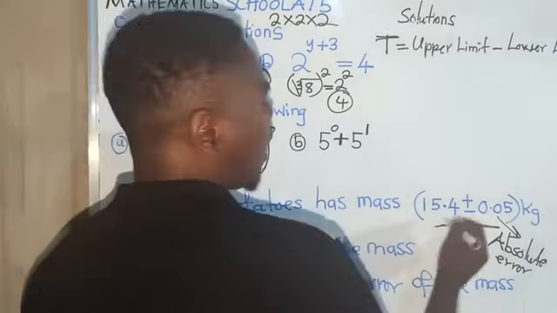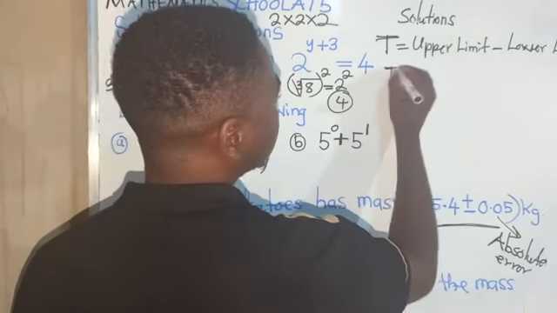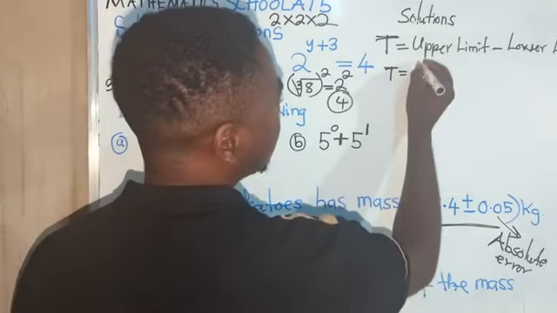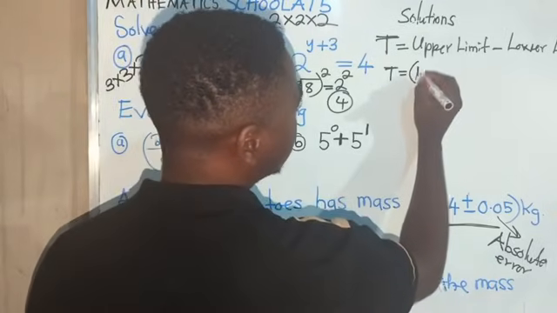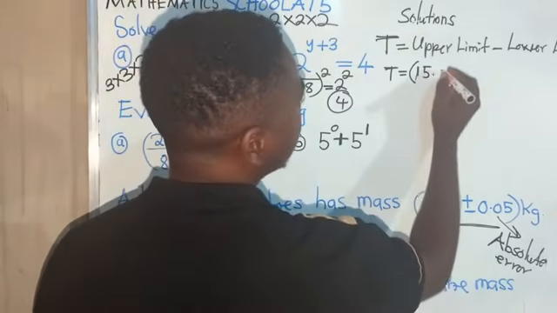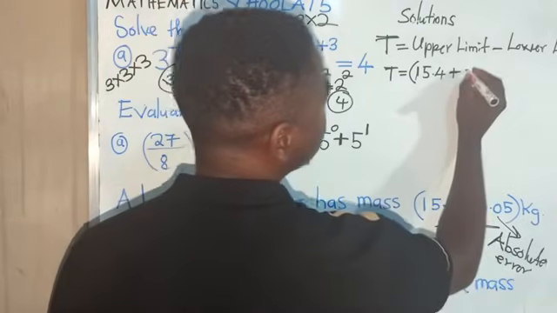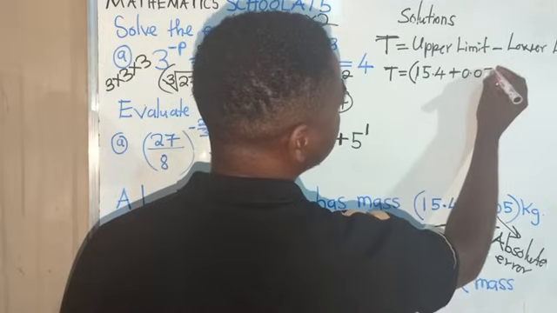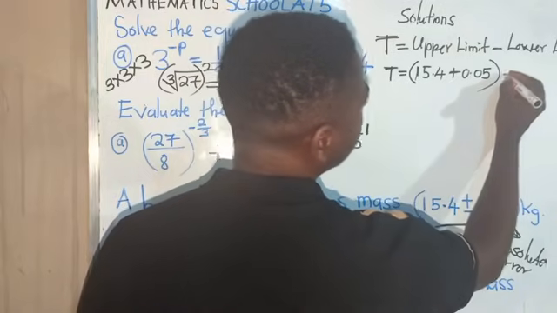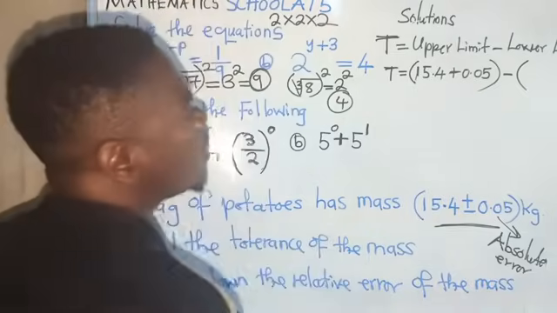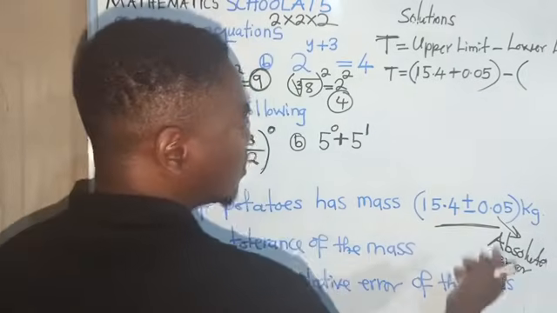So meaning that I need to say tolerance is equal to, then upper limit, I need to get the 15.4, then I say plus 0.05. Then I say minus the lower limit, where I'm going to subtract.